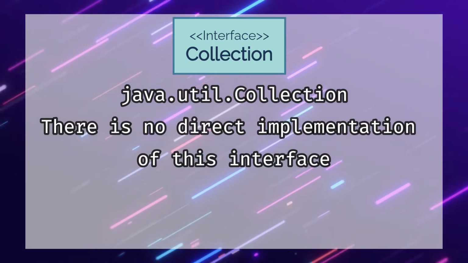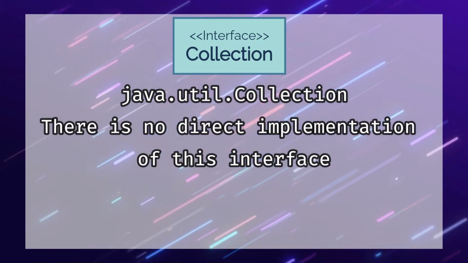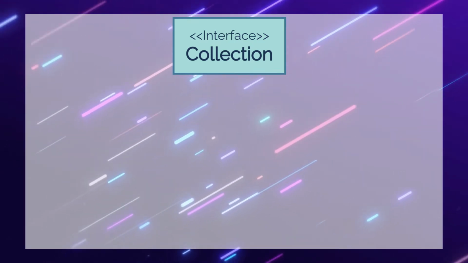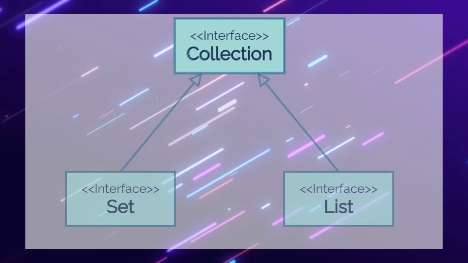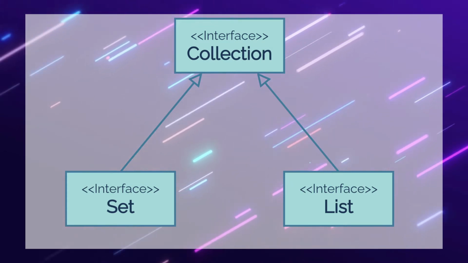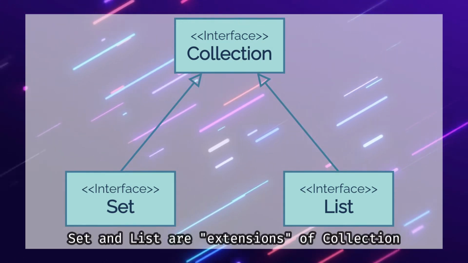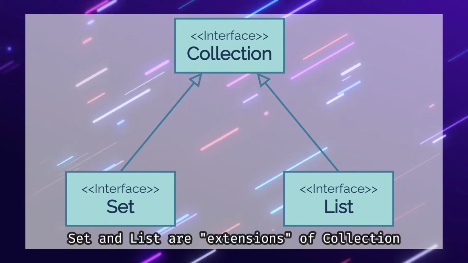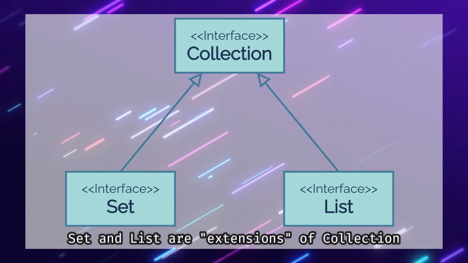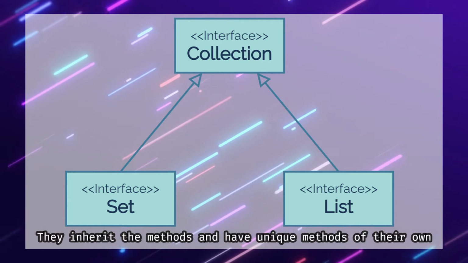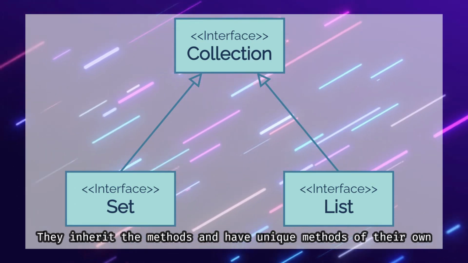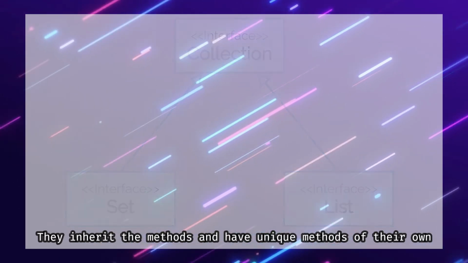There is no direct implementation of this interface. However, it is indirectly implemented through its sub-interfaces, such as List and Set. In other words, the List and Set interfaces are extensions of Collection. They inherit the methods of Collection and add their own unique methods.